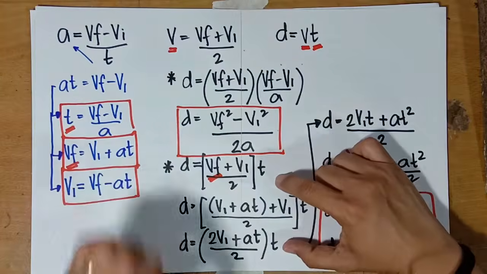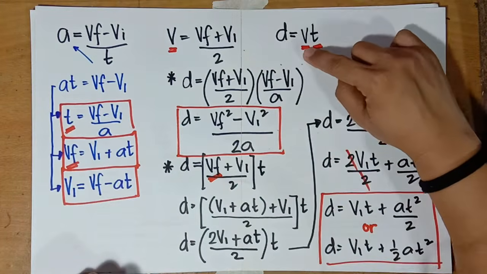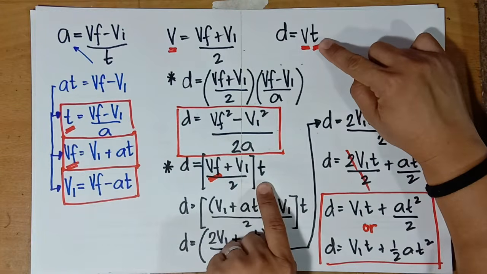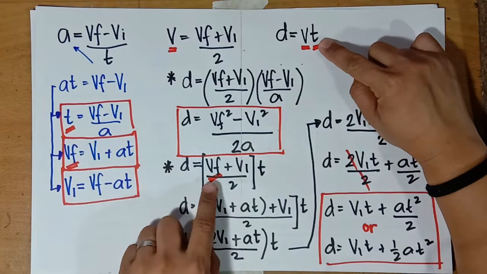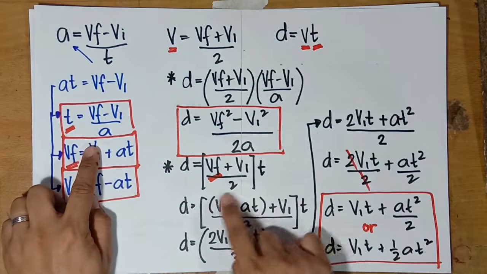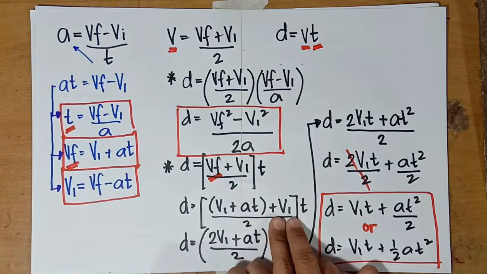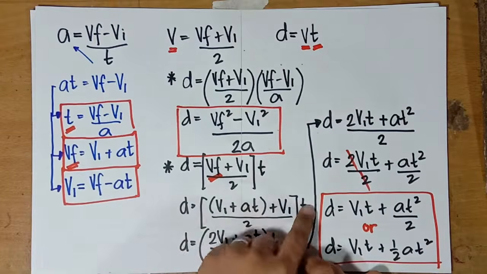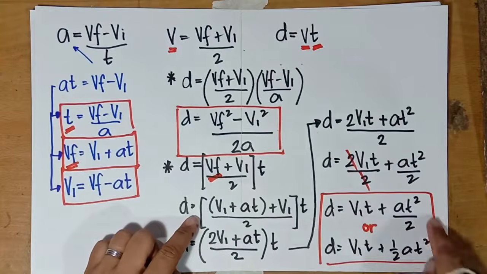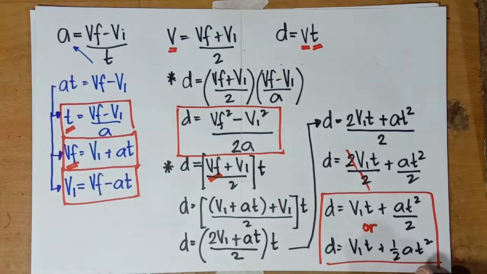And then for the next formula for d, substitute again v with this, and then retain t, and then substitute Vf with this one, Vi plus at, then plus Vi. Of course, you have to retain the Vi and the t. And then perform algebra, elementary mathematics, until you will get this formula.